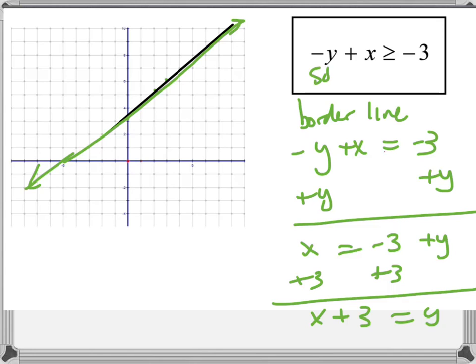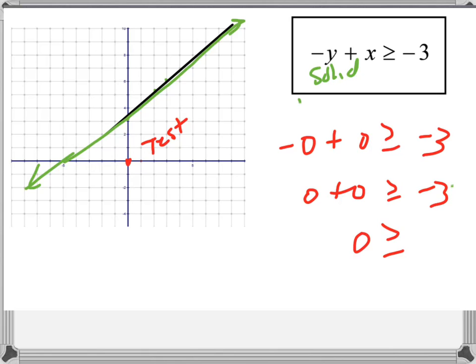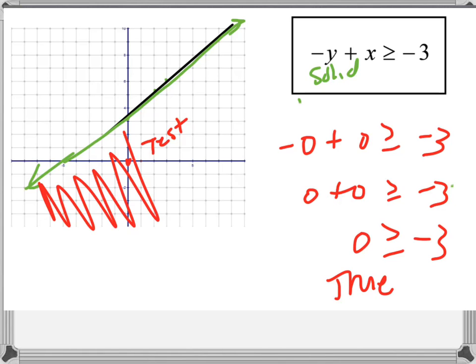And it's solid. And I'm going to pick a test case to see which side is shaded. So -0 plus 0 is greater than or equal to -3. 0 is greater than or equal to -3. Is this true? This is true. So we shade on the side where the origin is.